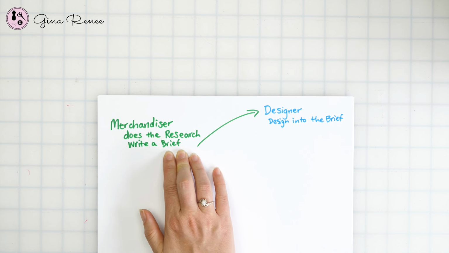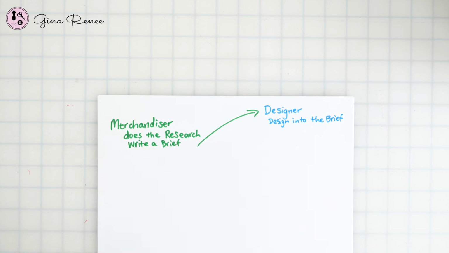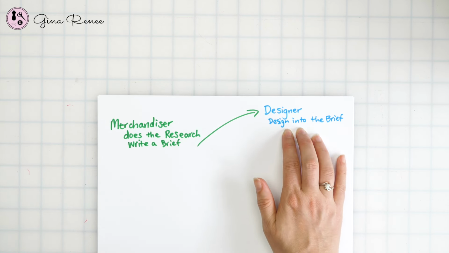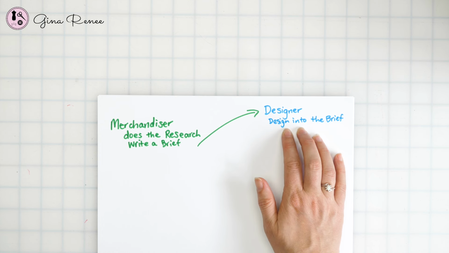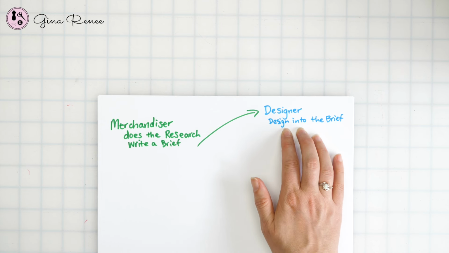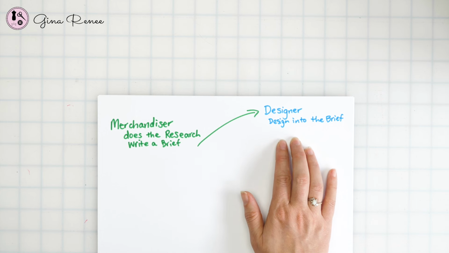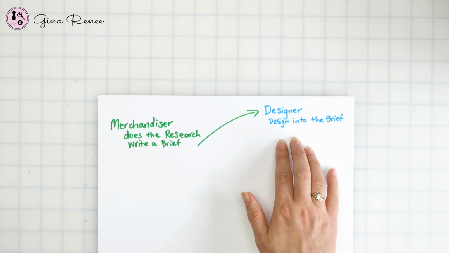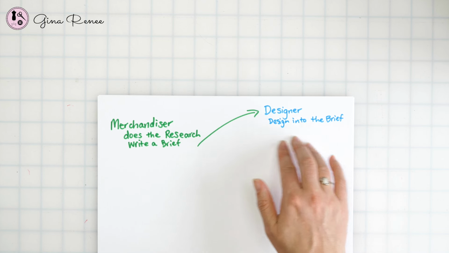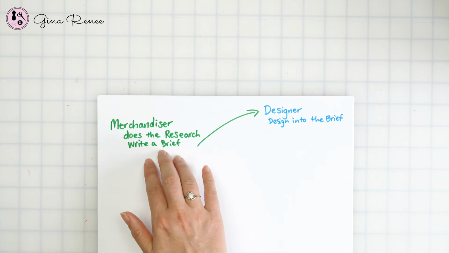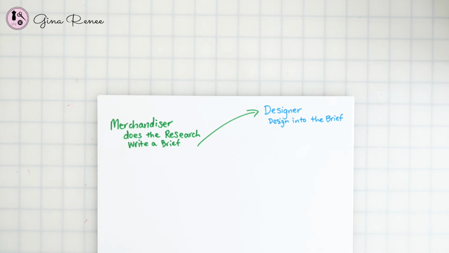USPs, unique selling propositions, which would be design features. Now, often the designer might not know exactly how much they can afford to put into that garment. That's when the product developer comes in. They might do some sort of pre-costing to make sure that that design is hitting close to the target pricing.